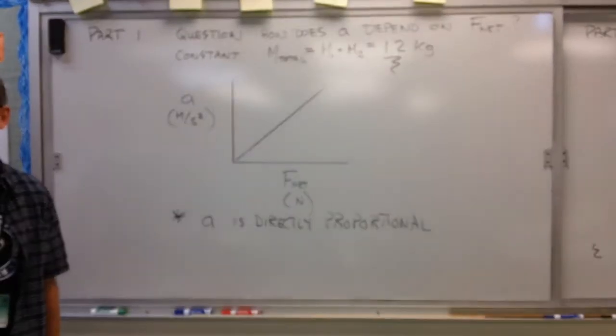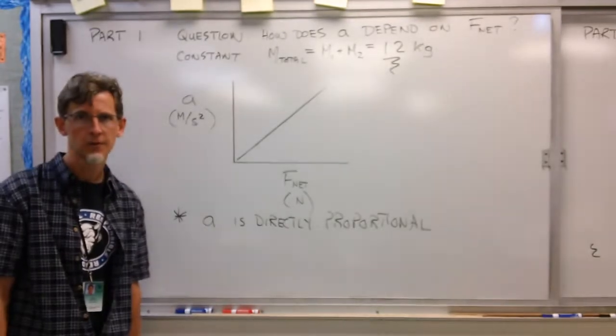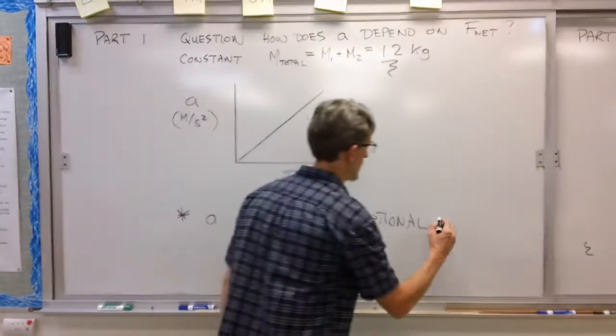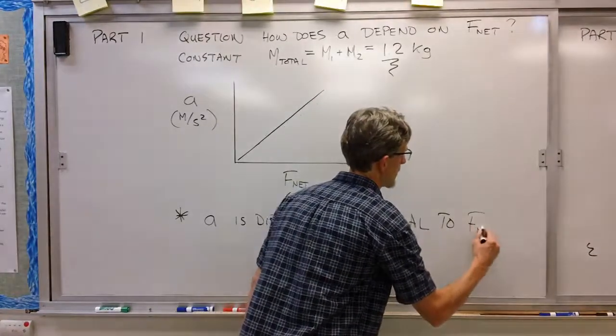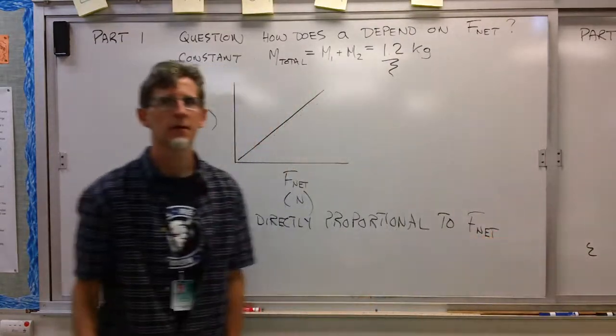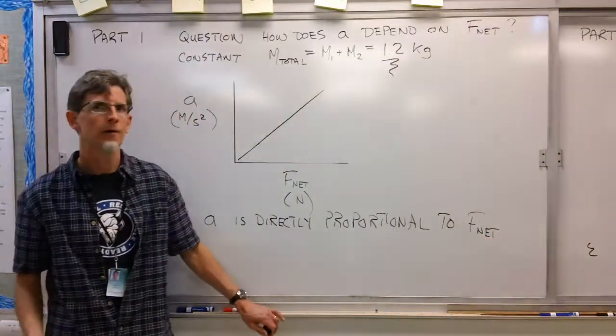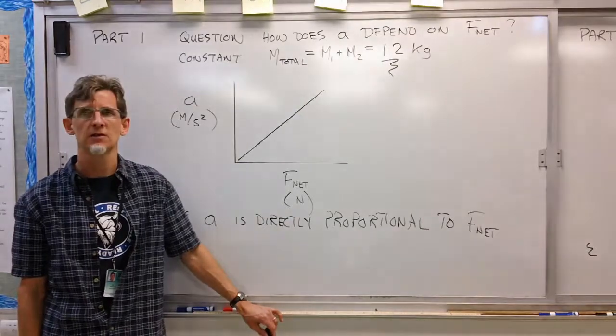To what? Look at your graph. What is acceleration directly proportional to? Yeah, F net. That's very important conceptually. You can see that from the graph.